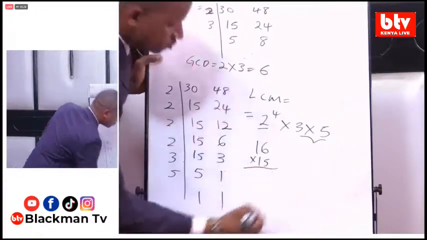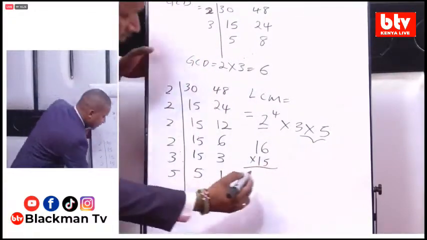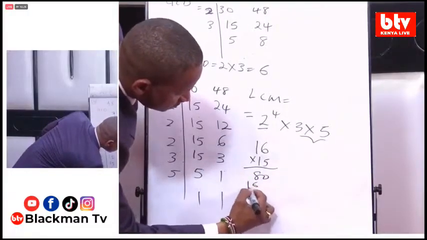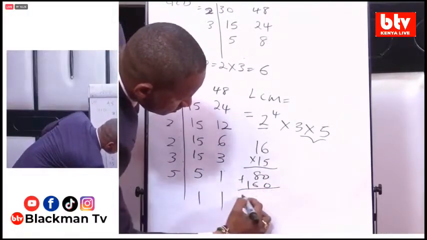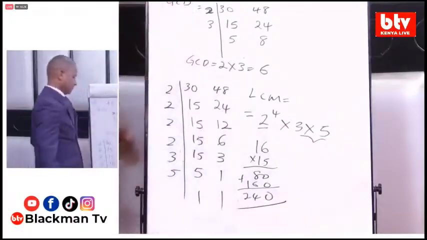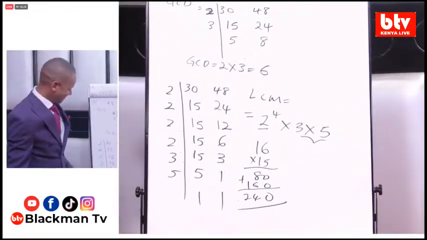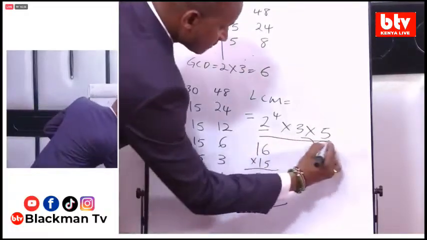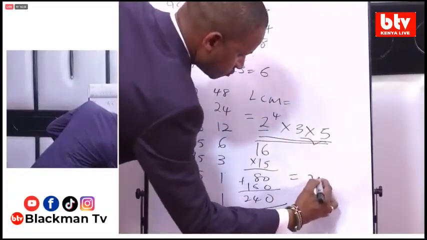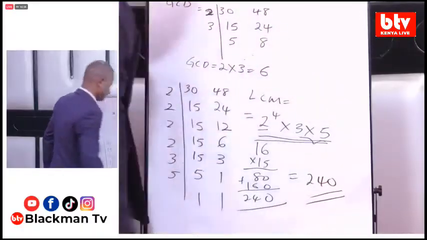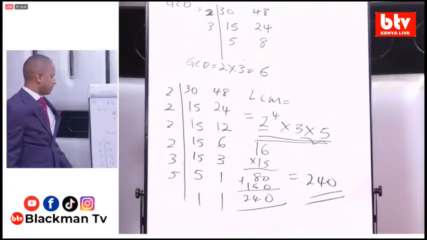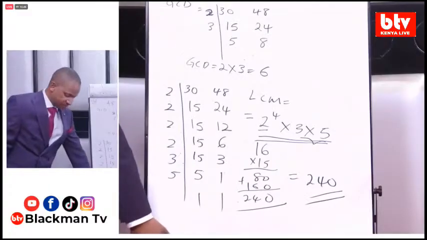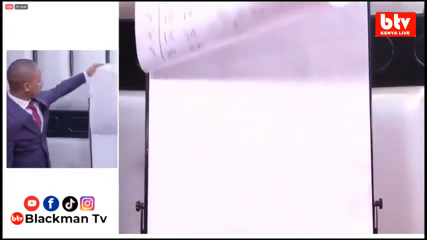When you multiply these two, use a calculator. That is 240. Yes, very easy. 240. So the LCM can be this or 240. That's finished. We go to question 7.